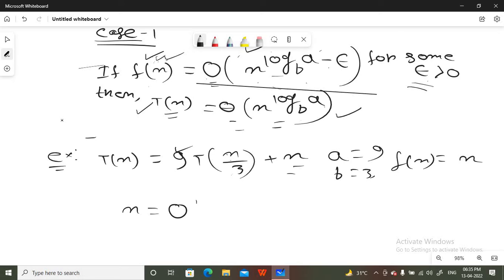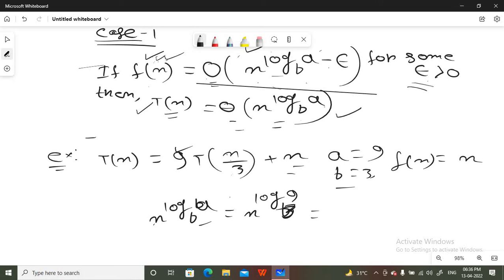So first I have to calculate n to the power log base b of a. I have already identified that b is 3 and a is 9.